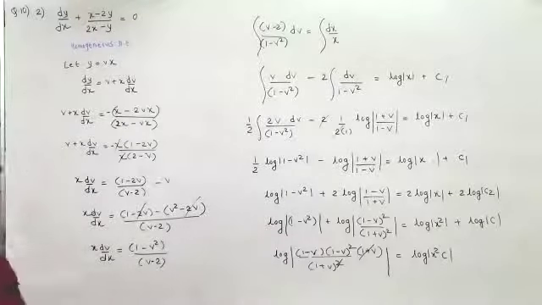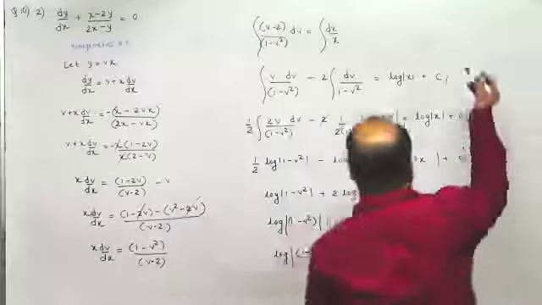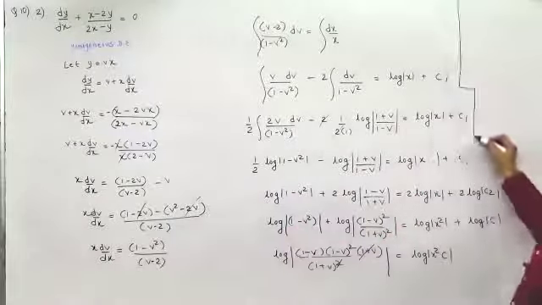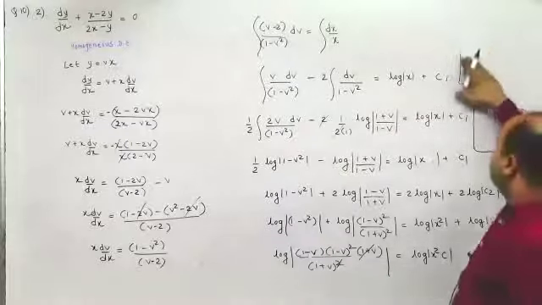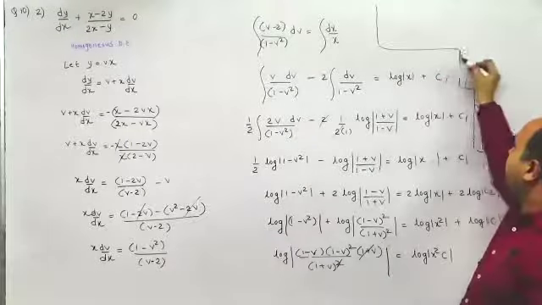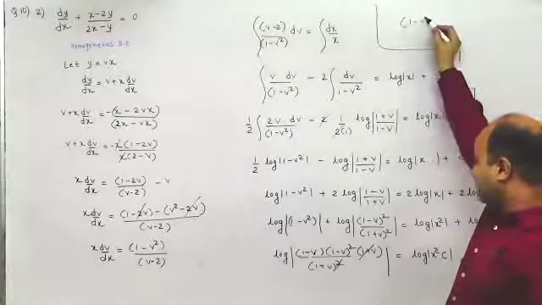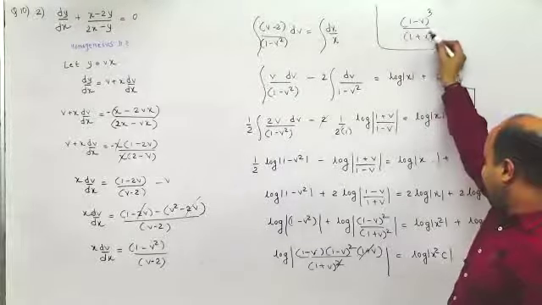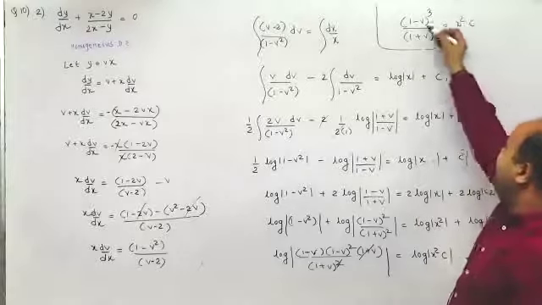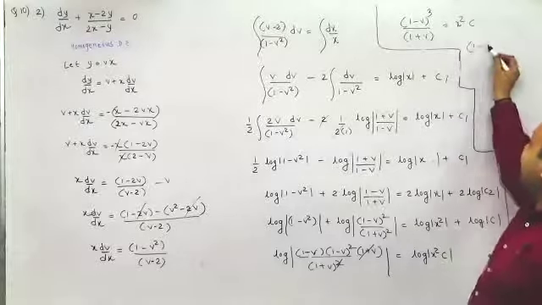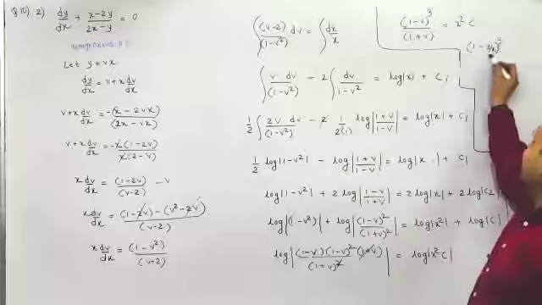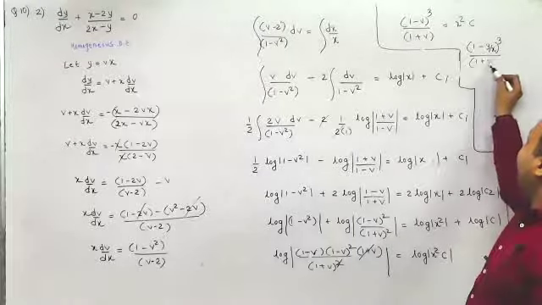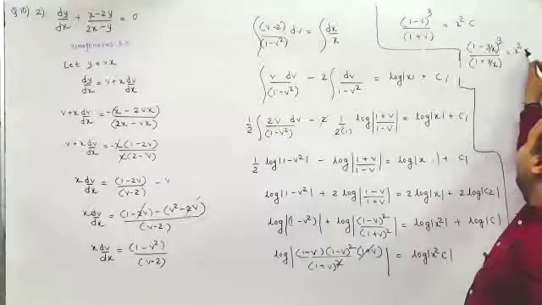Now this would be (1 minus v) cube. I'll get (1 minus v) the whole cube upon (1 plus v) is equal to x square into c. I'll take this as y by x the whole cube, and I'll write here also y by x, is equal to x square into c.